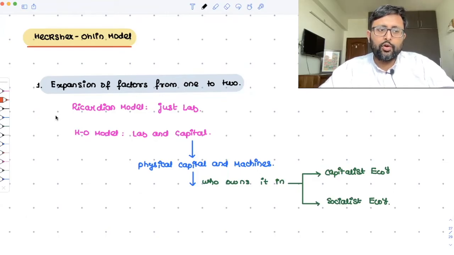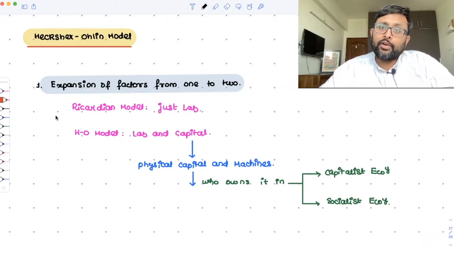So if the opportunity cost of production of some commodity is lesser than the opportunity cost of production of the another commodity in comparison with the other country, then this country will be producing the commodity with a lower opportunity cost, and we say that this country has a comparative advantage. That's what we say, right?